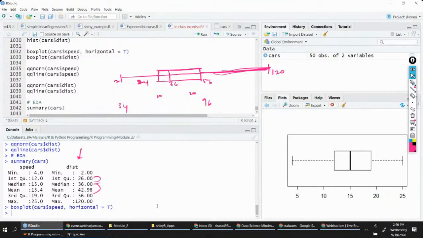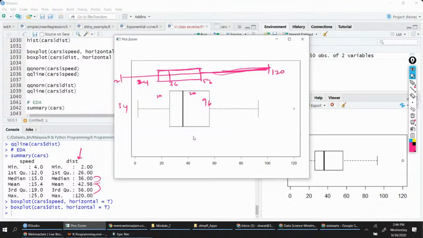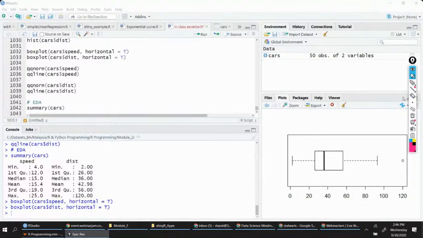So you can immediately look at these numbers and try and understand the spread of the data, visualization of the data. That's exactly what we have drawn, see? A simple summary on your data set will give all these required details for us to understand whether there are outliers in it, whether the spread is symmetrical or not, what kind of variation we have.